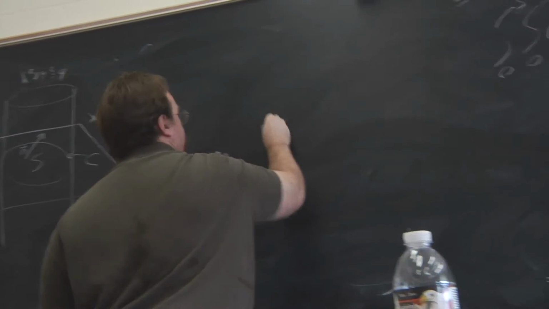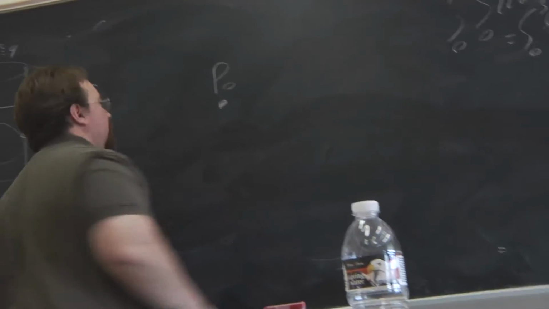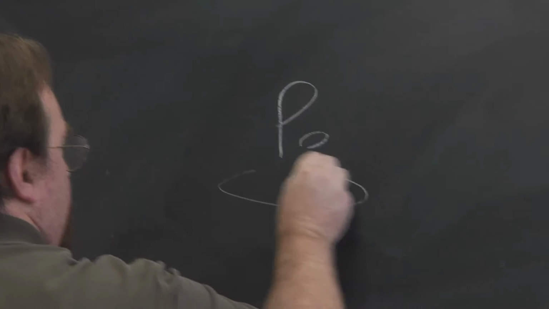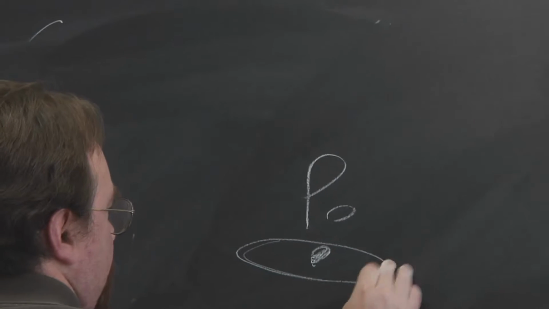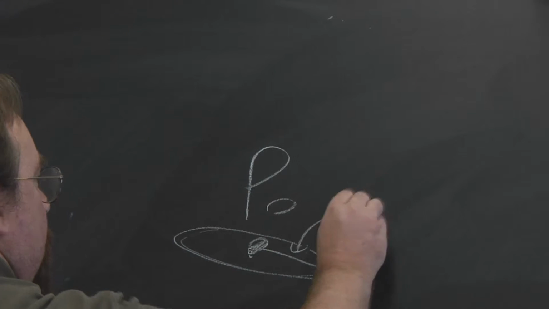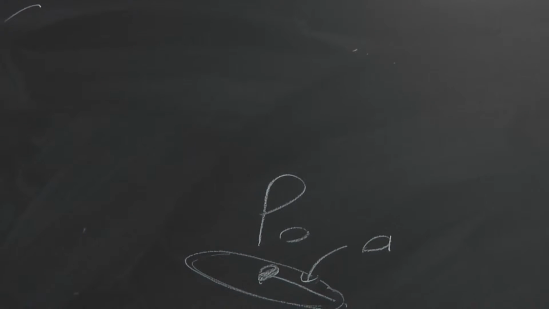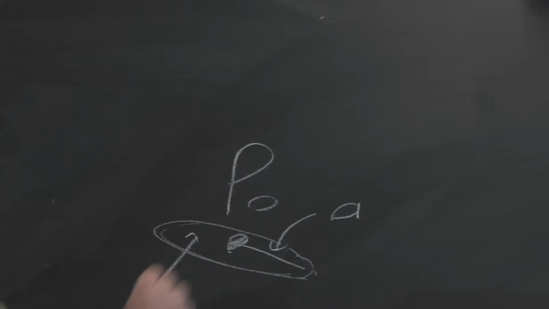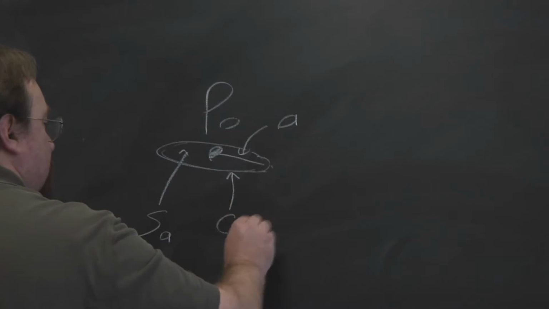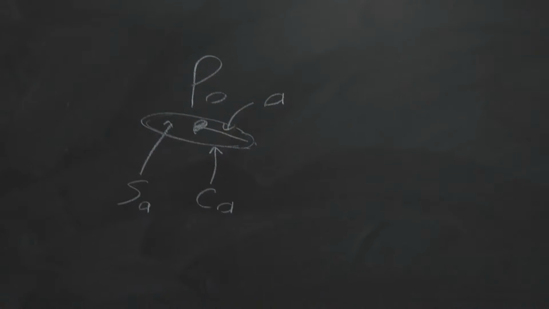Suppose you have some point in space, we call it P naught, contained in a small disk, and the radius of that disk is some small number a. So the disk, I'll call it S_a, a small surface, and the circle that's enclosing it is a curve we'll call C_a.